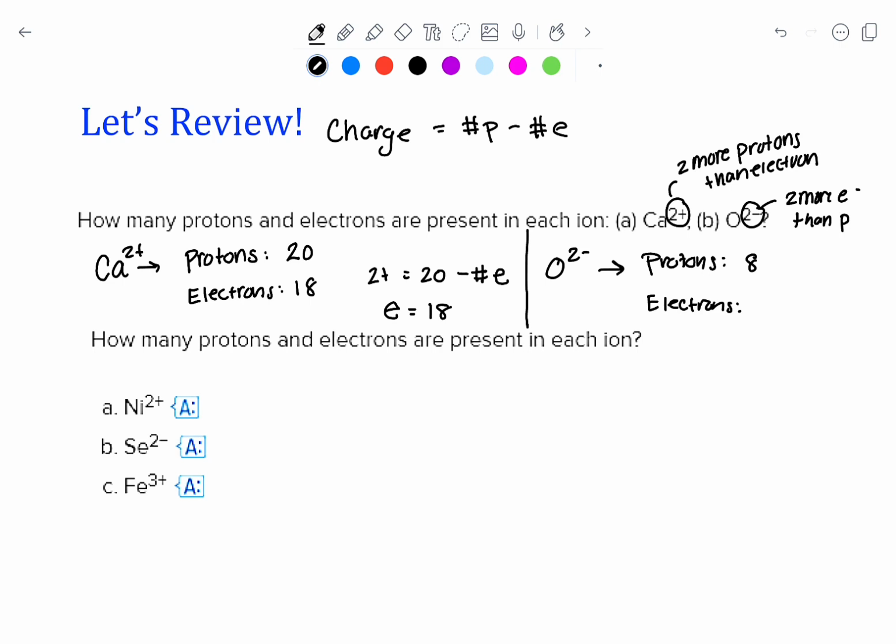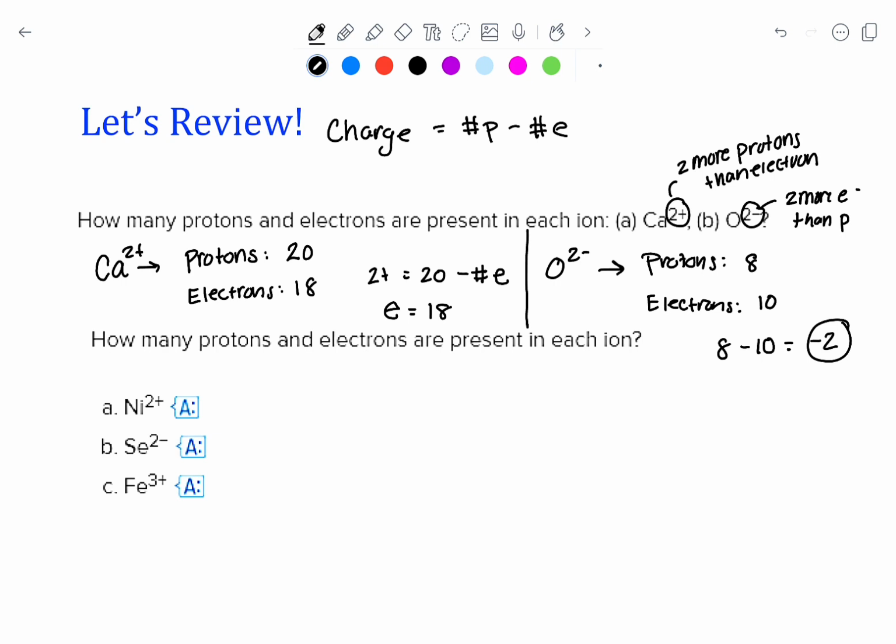If the 2- charge means I have 2 more electrons than protons, that means I have 10 electrons. Doing the math, 8 minus 10 is equal to -2, which is our charge. So always double check your charges, making sure you've noted how many protons and electrons each of those ions has.